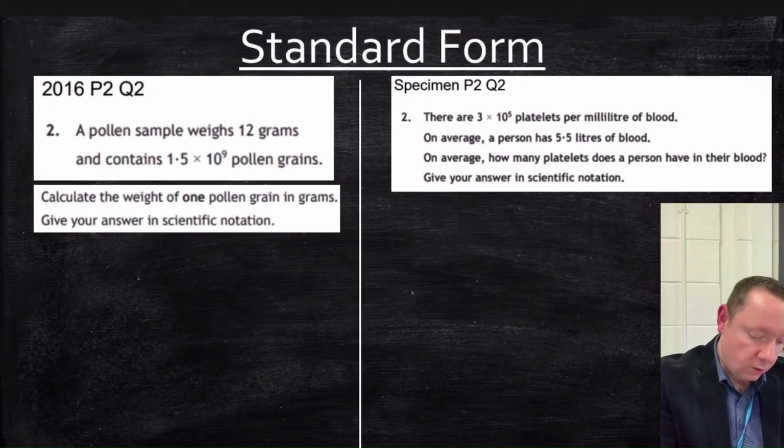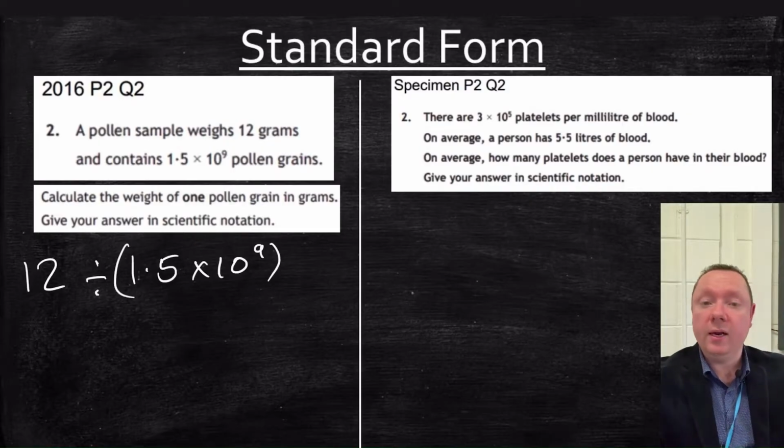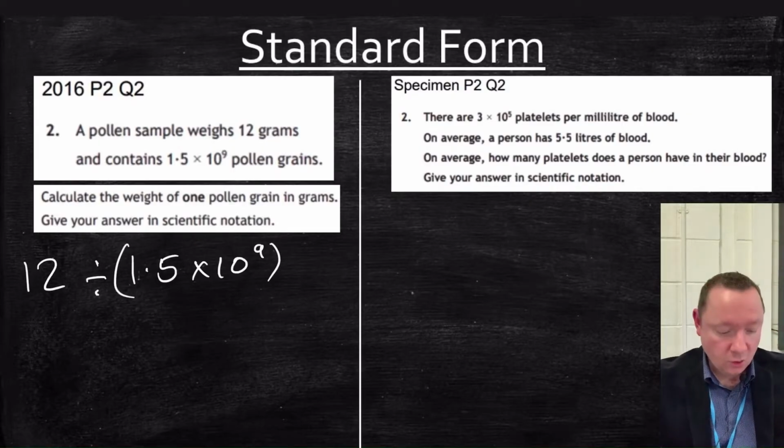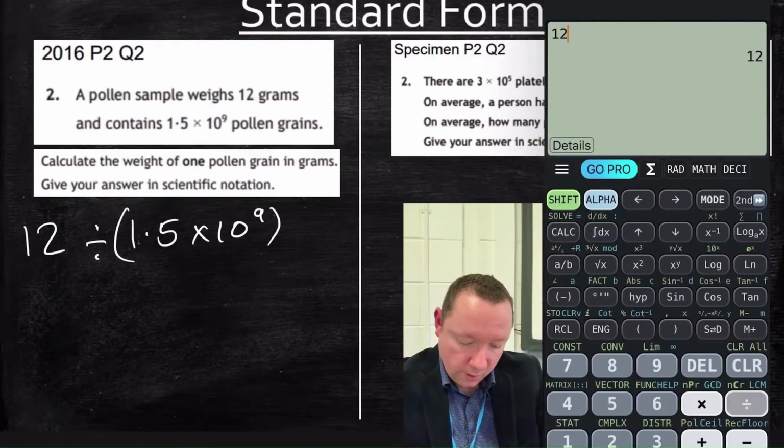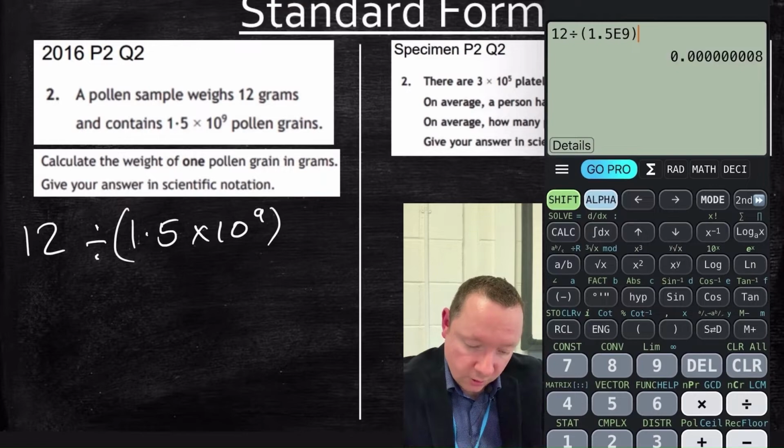So the sum I'm going to do is 12 divided by 1.5 times 10 to the 9. And I'll put that in brackets to remind myself that when I get my calculator out, I'll need to use brackets around it. So that's 12 divided by 1.5 times 10 to the power of 9. That gives me 0.000000008.